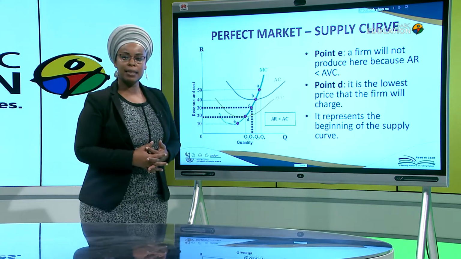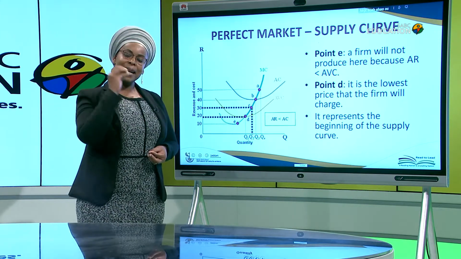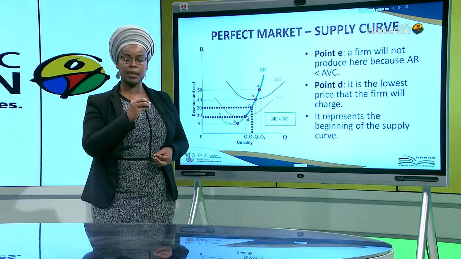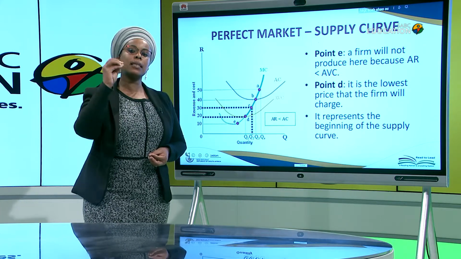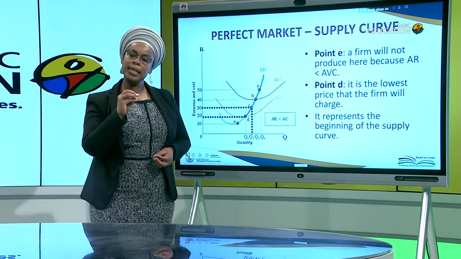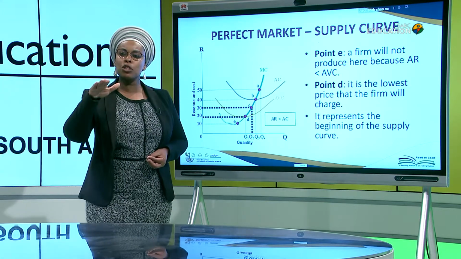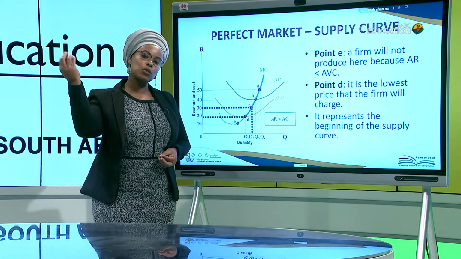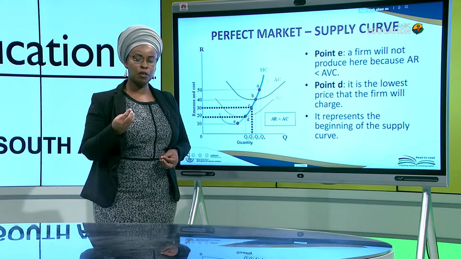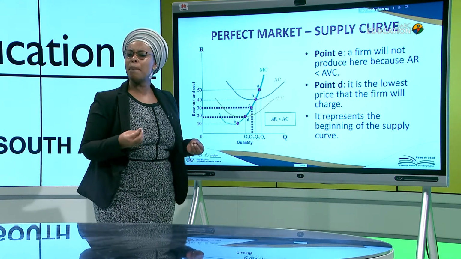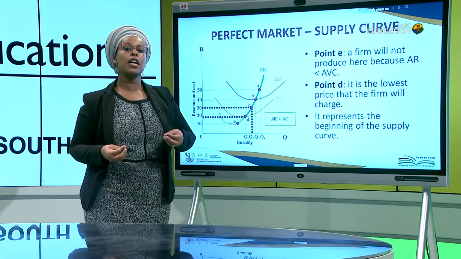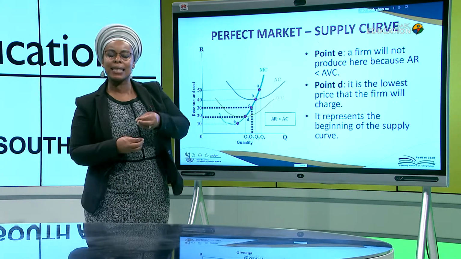You have learned that the price of a perfect competitor is equal to its average revenue and to its marginal revenue. So the demand curve is a straight horizontal line because the price was taken from the market or from the industry. So what about the supply curve? In grade 10, you were taught about demand and supply.